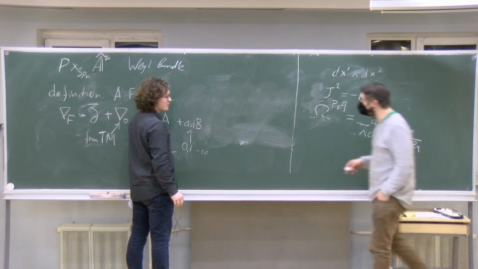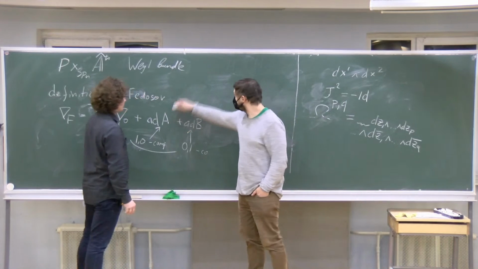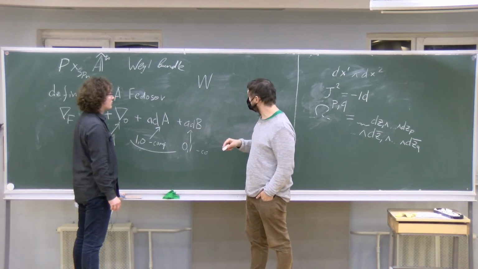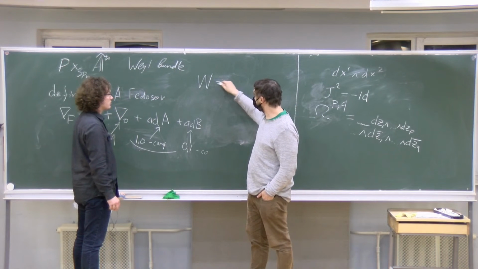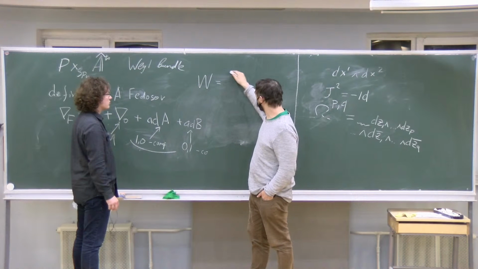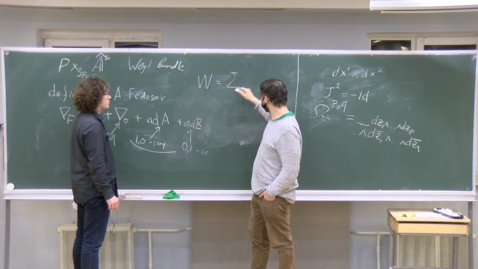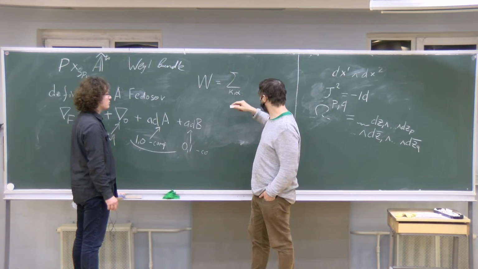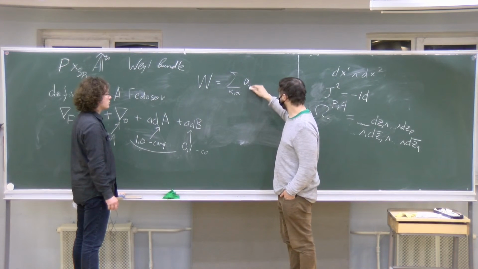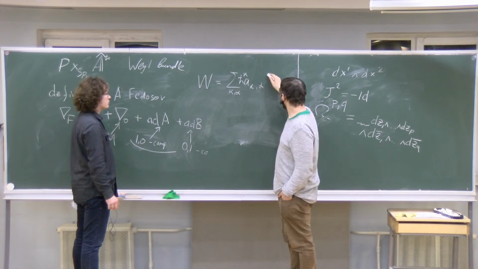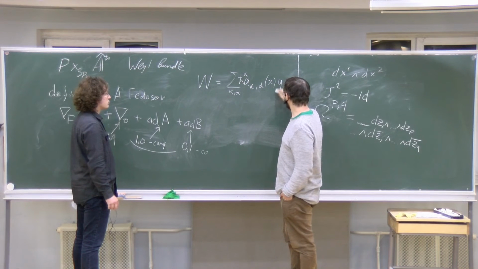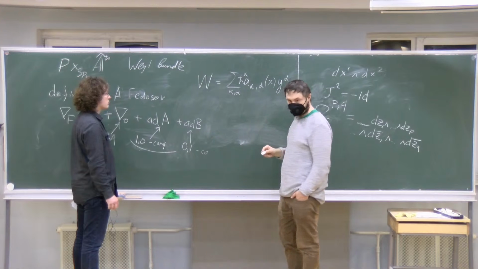Now, the Weyl bundle in the real case used to have sections of the following form: formal sums over k and alpha of a_k alpha h to the power k times x y to the power alpha, right?